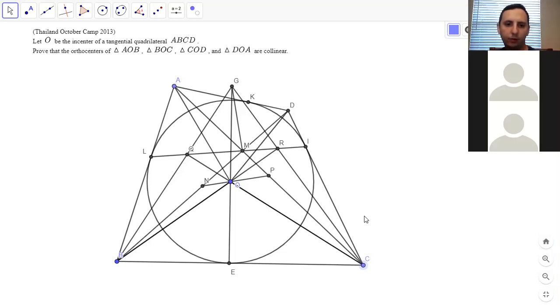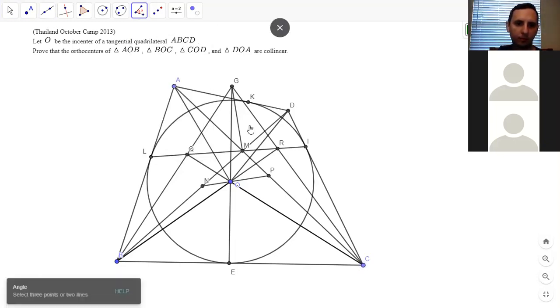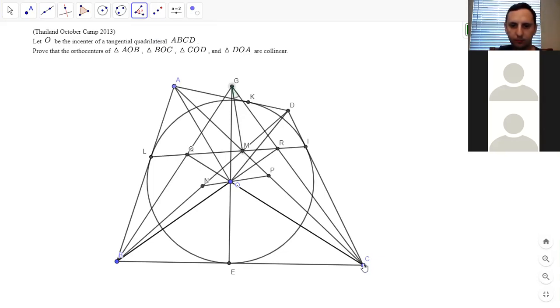I wonder if GM and GO are isogonal. Oops, sorry. I don't think they are actually.